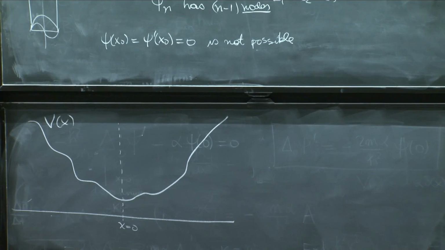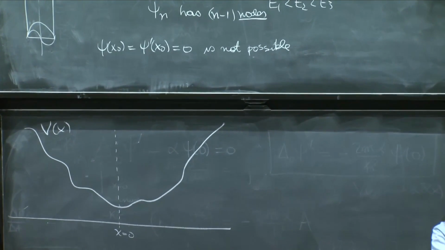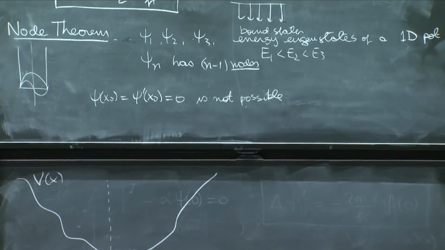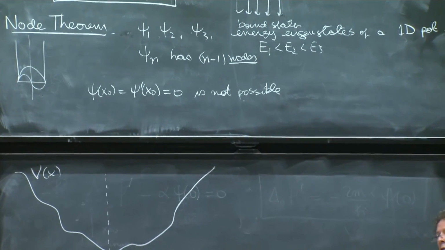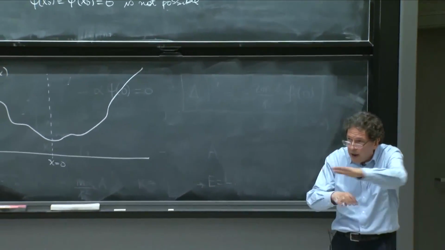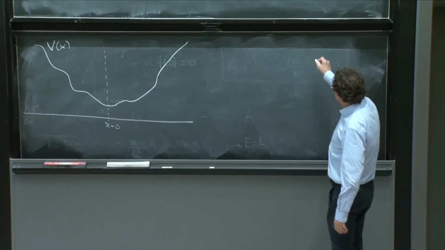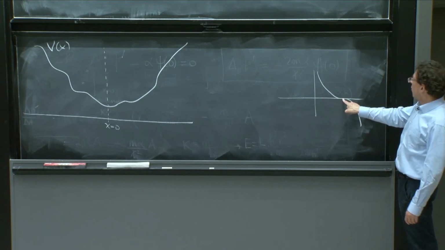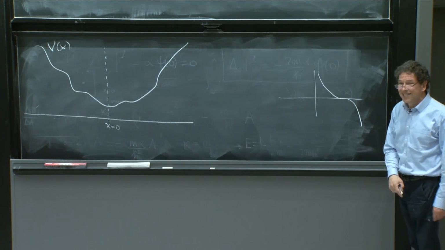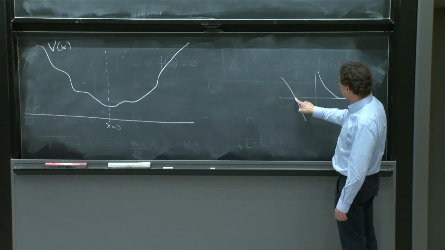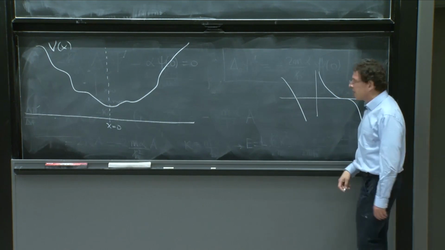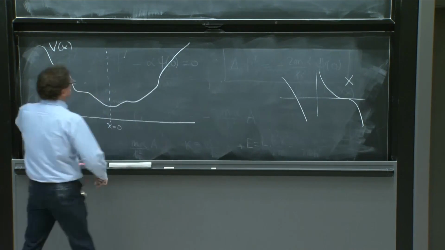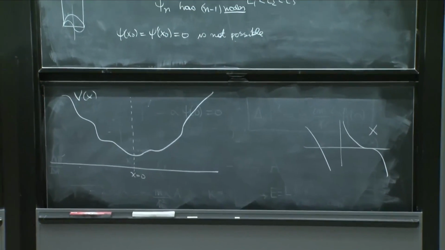It is the fact that for a second-order differential equation, psi and psi prime tell you how to start the solution. And if both psi and psi prime are equal to 0, the general solution of the differential equation is always 0 everywhere. So this kind of thing doesn't happen to a wave function. A point where it's 0 and the derivative is 0. That never happens. The wave function can be 0, but not together with its derivative.